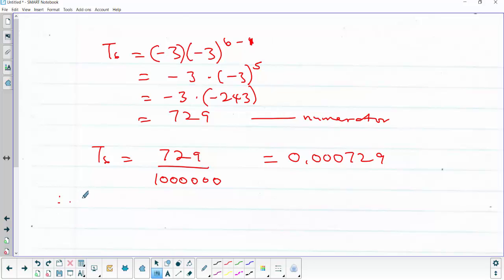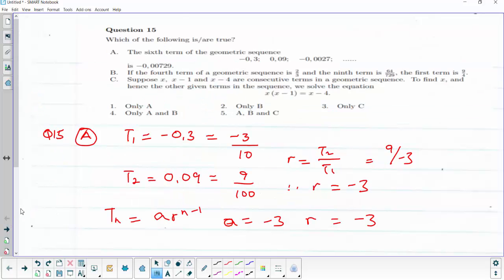Therefore, 0,000729 is not equal to minus 0,00729, which means option A is an incorrect statement. We take this one as an incorrect statement. So we need to consider B now.